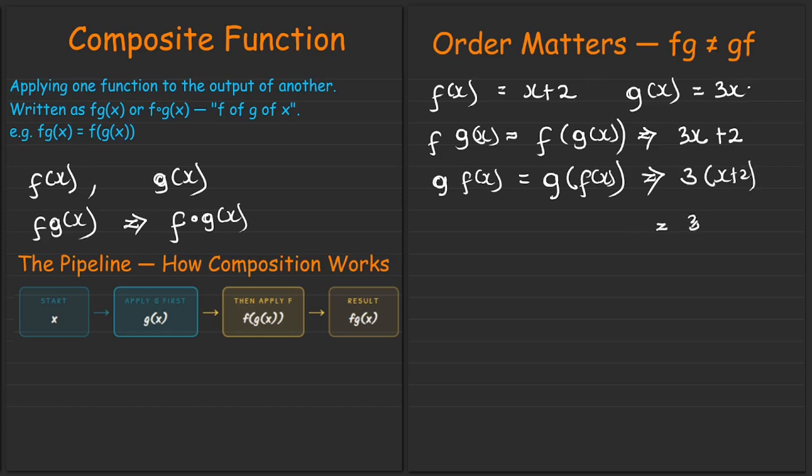Evaluating, we get 3x plus 6. Now, looking at these two answers, you can clearly see that they are not the same. Hence, the order really matters. This is how we solve composite functions, but let me give you the step-by-step method.